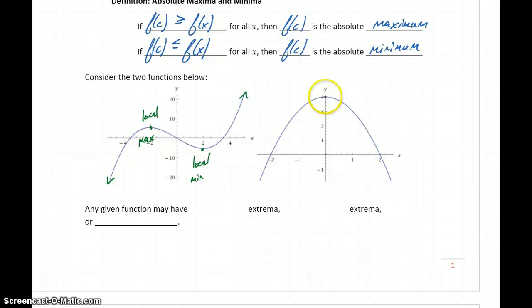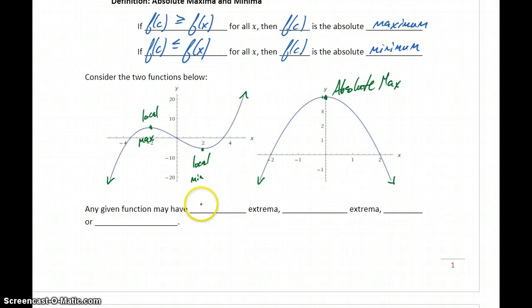Versus the graph on the right, in this case we'll have an absolute maximum, because even though our function continues in both directions, it's continuing to decrease at both ends. So this function value of 4 is the largest value that our function will ever take on, making it an absolute maximum.